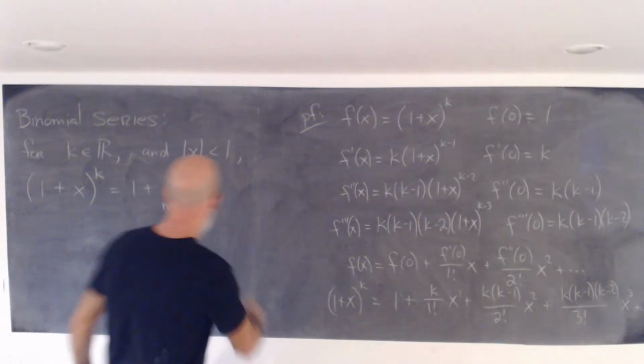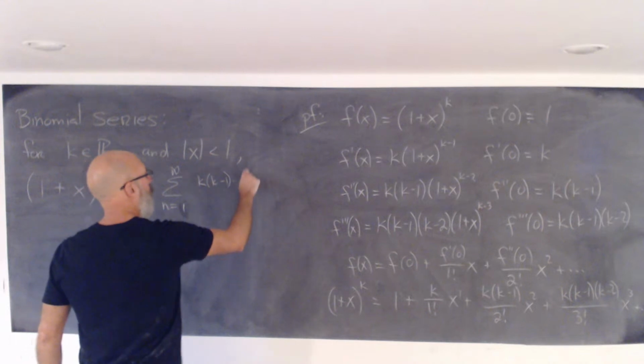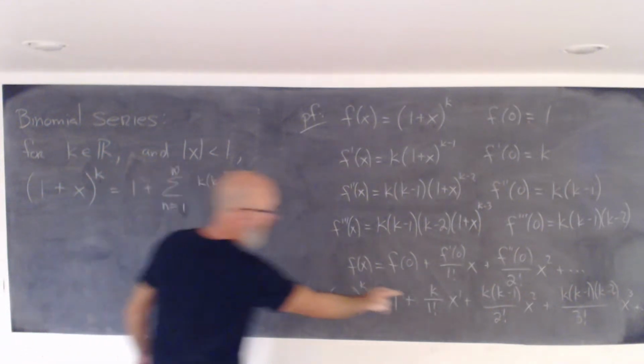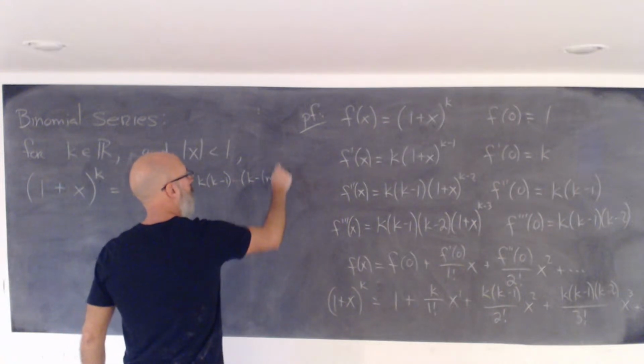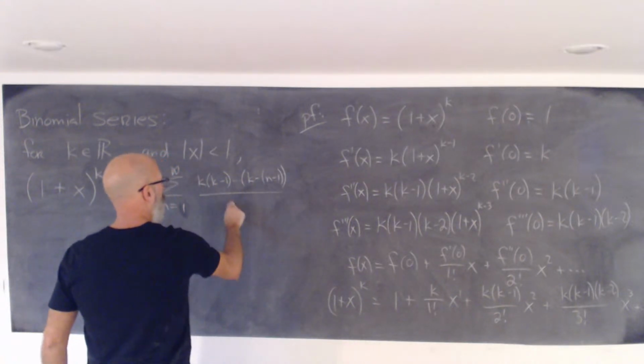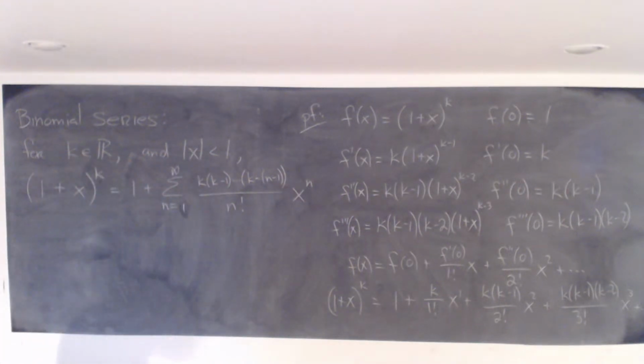And this is k times k minus 1 all the way to k minus 1 less than the power, over n factorial x to the n. There it is.